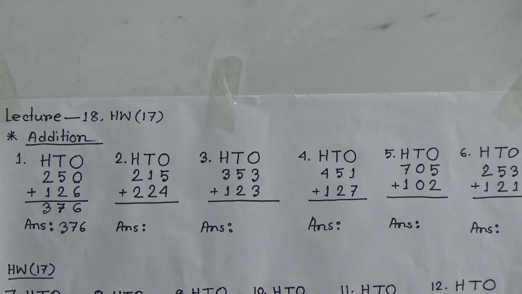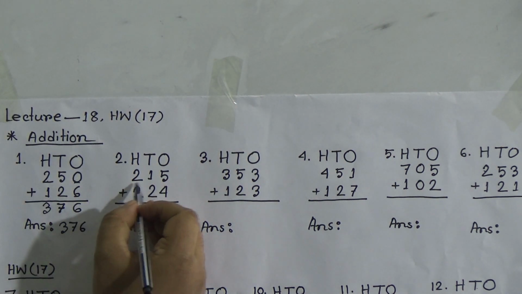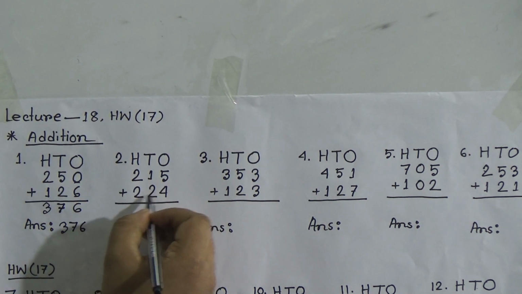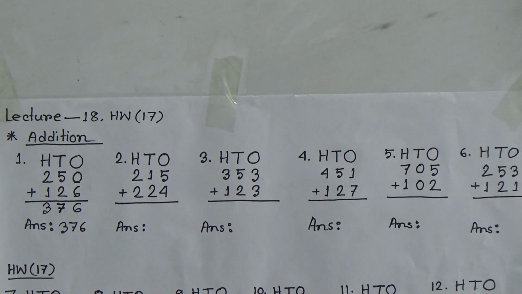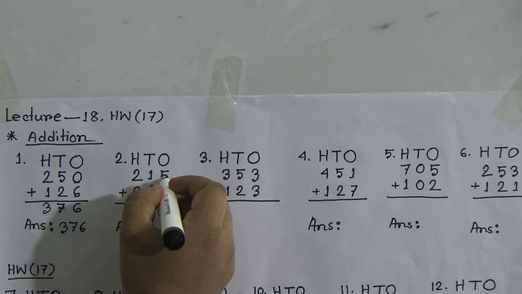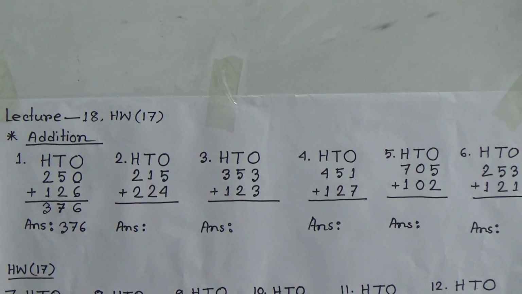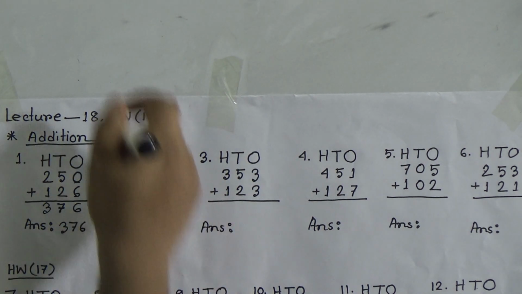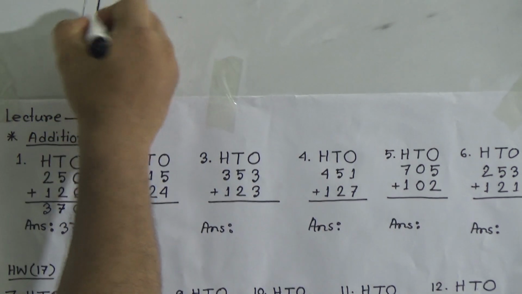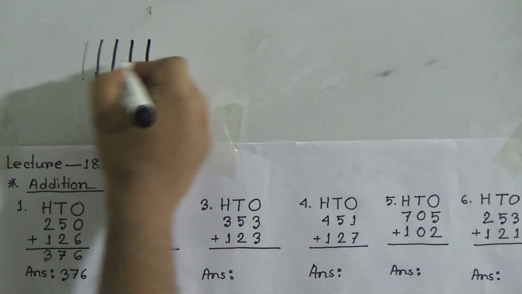Here the next question is 215 plus 224. As usual, at first we add ones place digits. Here ones place digits are 5 and 4. So, at first we draw sticks. 5 means 5 sticks, 1, 2, 3, 4 and 5.